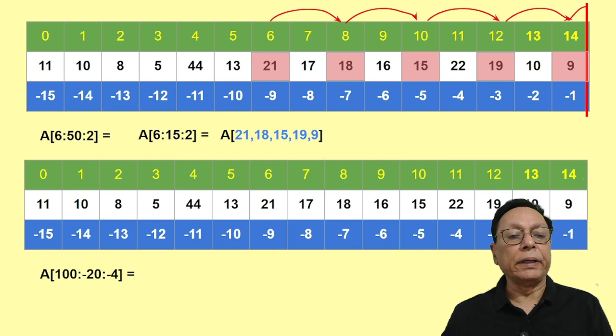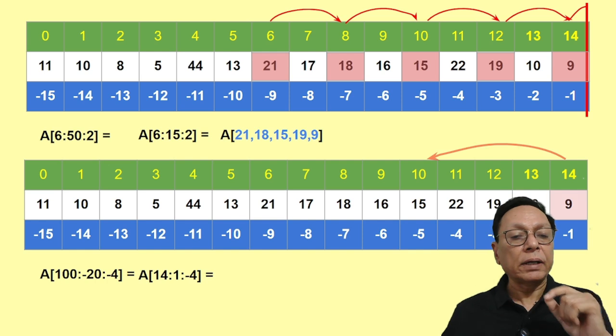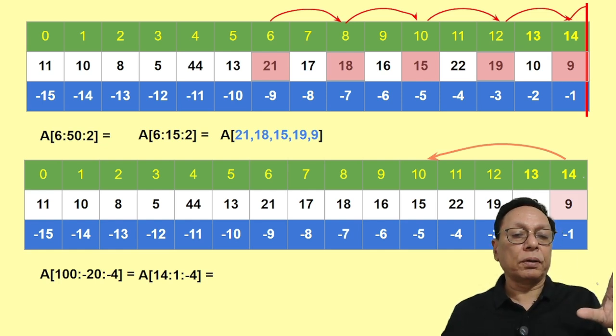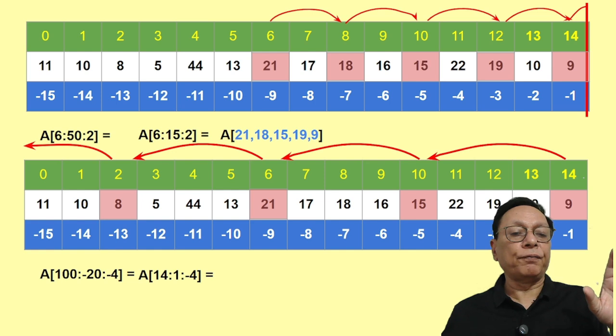Then what should be the slice? So since 100 is not in the range, similarly minus 20 is also not in the range, so we have taken 14 till or beyond 0, like this, gap of 4.